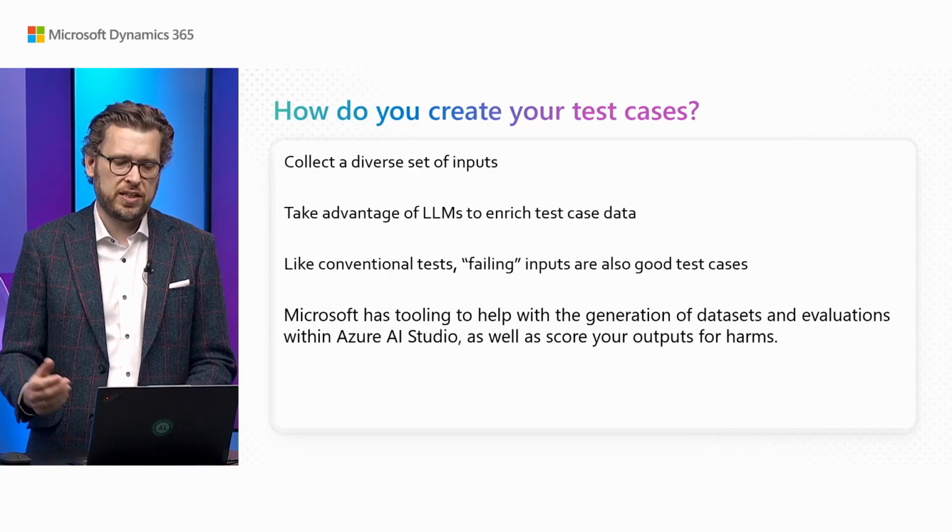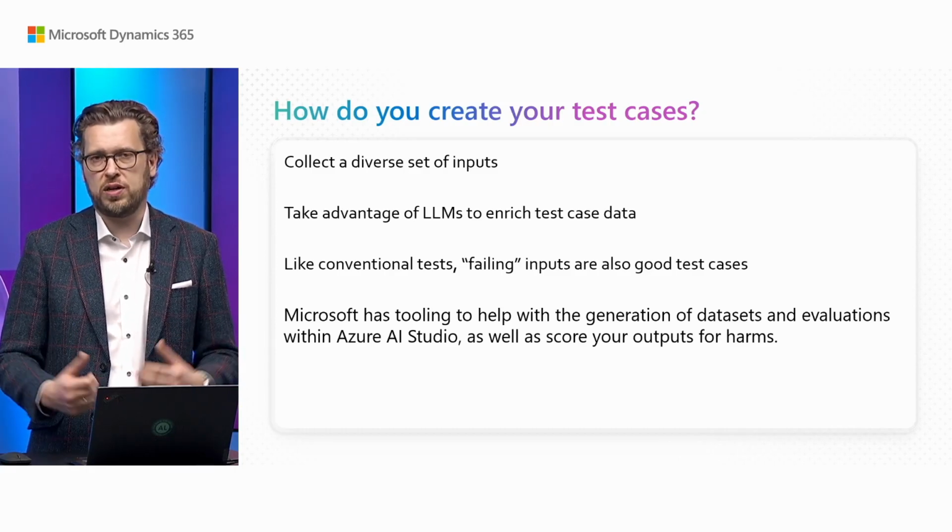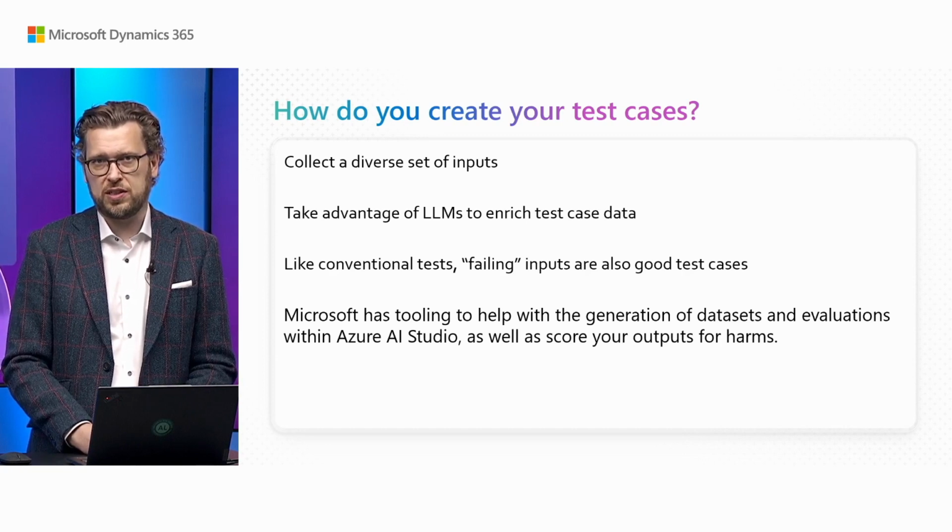And like conventional tests, failing inputs are also a good case for a test case. So you don't just have to test that your Copilot feature returns expected results, but also test scenarios where it's failing, right, or should produce failures. Maybe if it's good at creating sales order lines, you cannot have it generate marketing text, right? So that could be things to have in your tests.